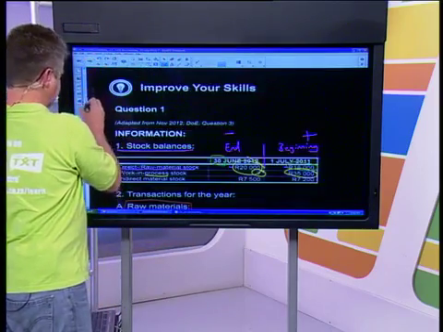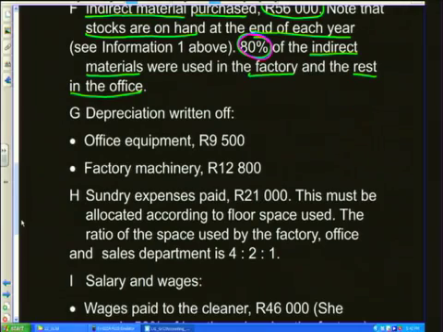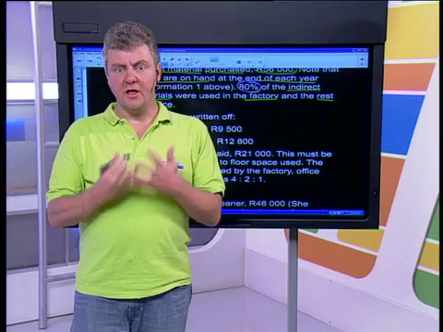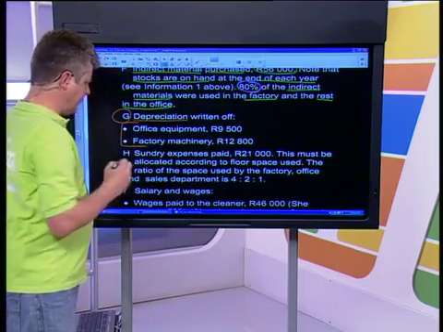Okay, let's look at the next piece of information. We're now on G. G tells us that depreciation was written off. And depreciation, I know, always makes people think of asset disposal and having to calculate it. The good news here is that they're not asking us to calculate it. They've given us the figures.